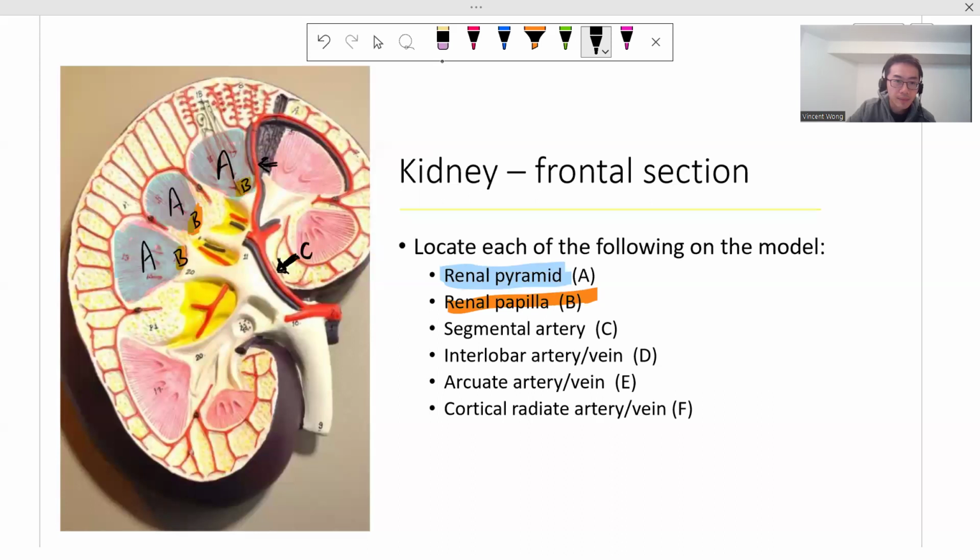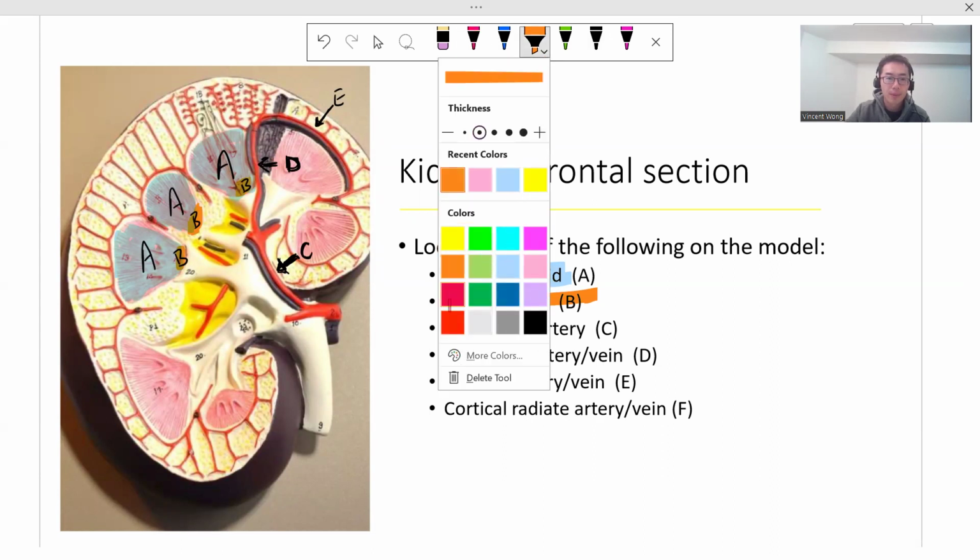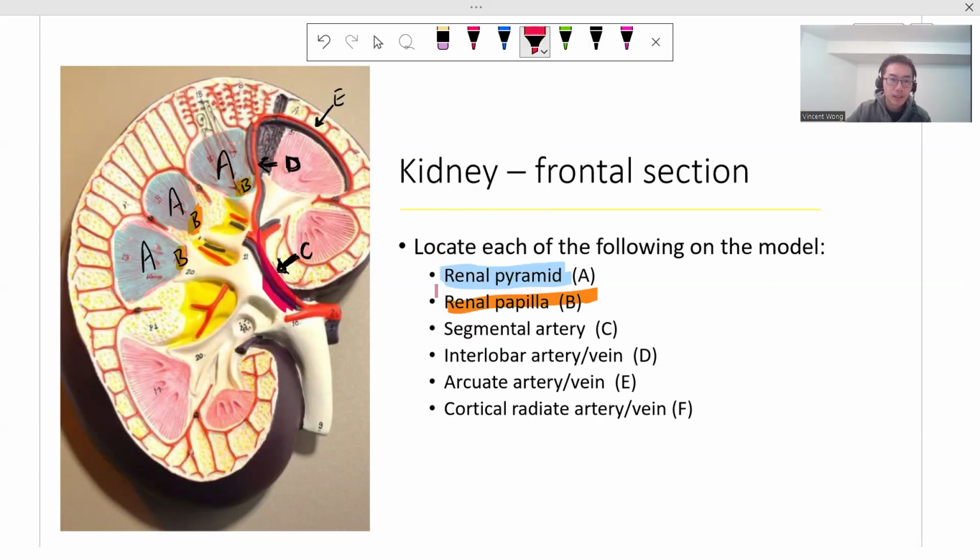The sides of the pyramid. And then E is the arcuate artery right here. So basically like this whole path. This whole path. It goes up, right? It shows you all the three things.